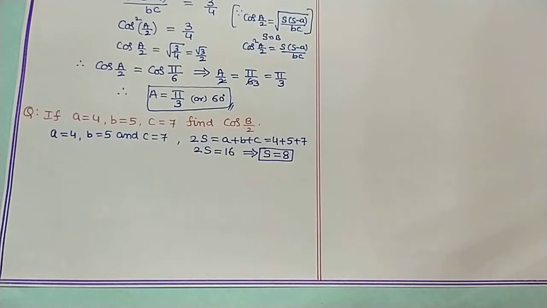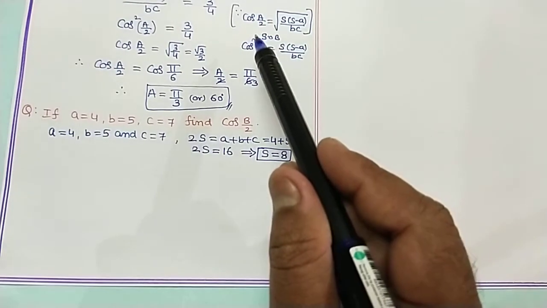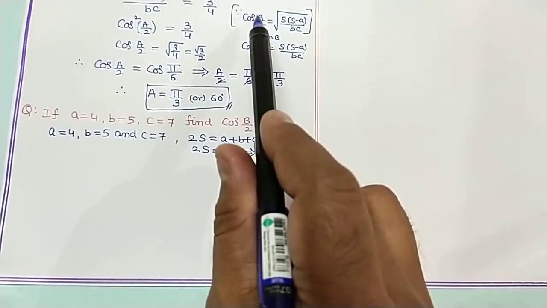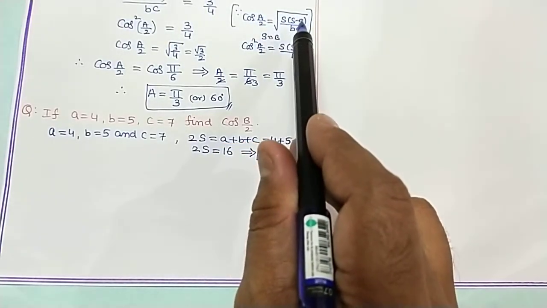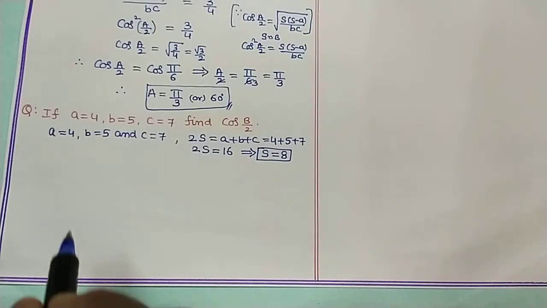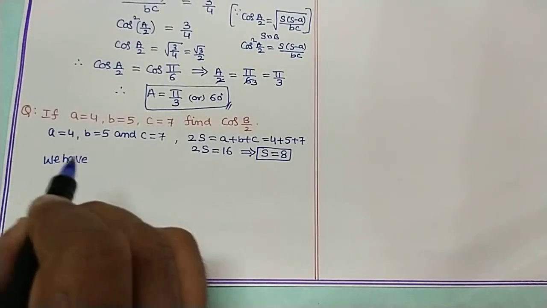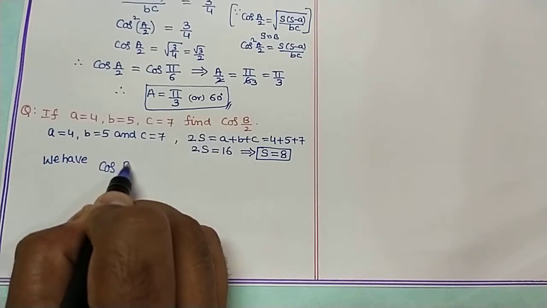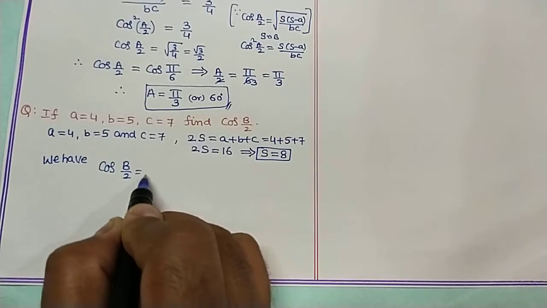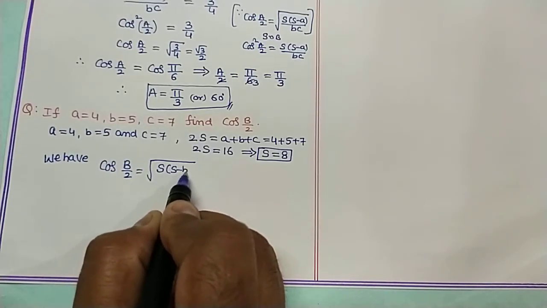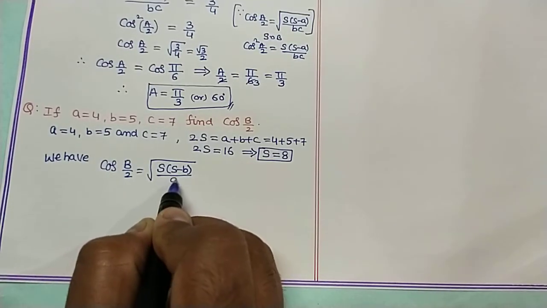After getting the value of S, what is the formula for cos B by 2? Just now I wrote the cos A by 2 formula. Cos A by 2 means root of S into S minus A by BC. Whenever it is cos B by 2, it is S into S minus B divided by AC. So we have the formula cos B by 2 equal to square root of S into S minus B divided by AC.